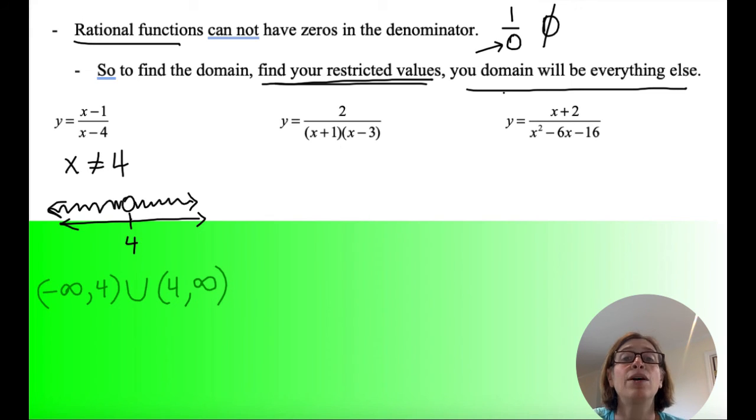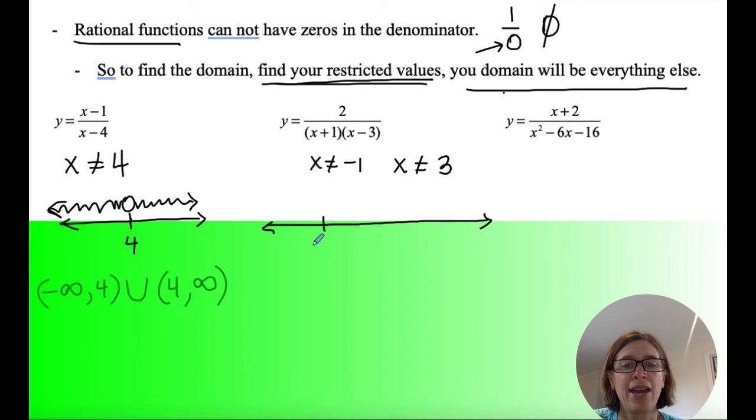All right, this next one, I have 2 restricted values. X cannot be -1, because if it is, then the denominator is going to become 0, and x cannot be 3. This one's a little trickier, okay? So think about a picture for yourself. Okay, x cannot be -1. X cannot be 3. But I want everything over here. I want everything in the middle.